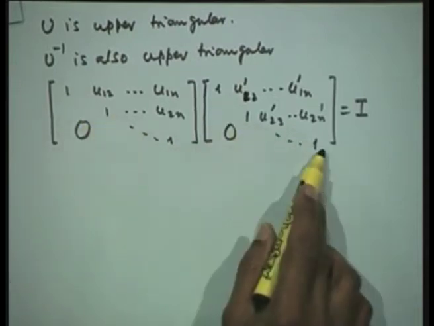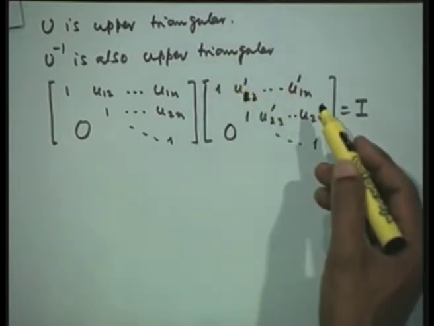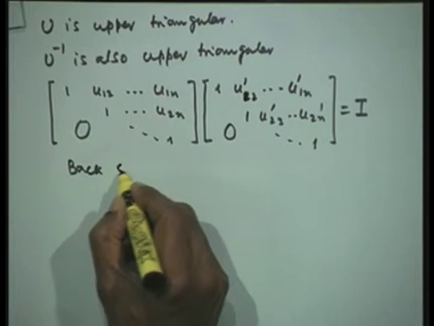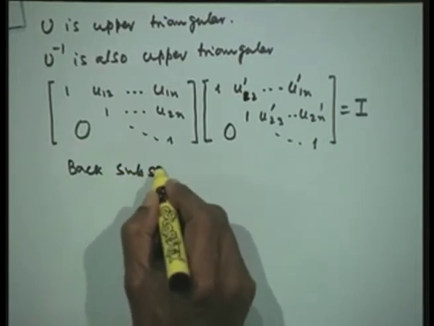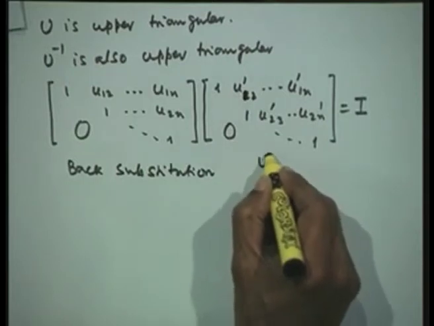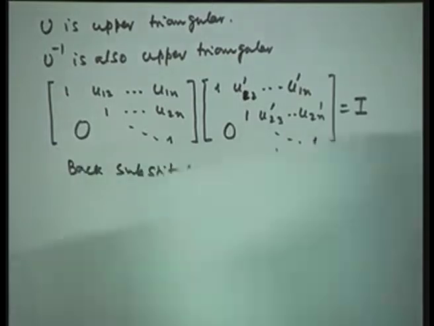So, I have taken 1 1 1 over here, and then I can work backwards and get all the elements of U inverse. Therefore, the back substitution will give me all the elements of this matrix U inverse.